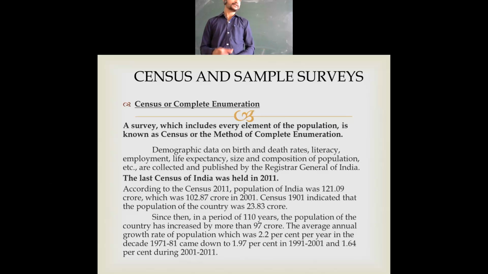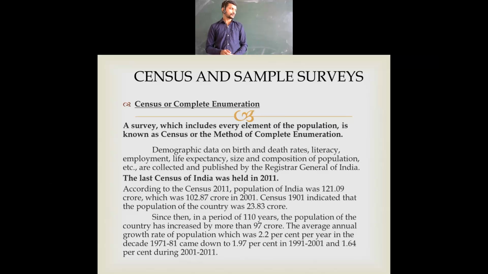In between, in a few of the decades, we saw a smaller percentage increase. Here we came across that the annual growth rate of population was 2.2 per year. In the decade 1971 to 81, it came down to 1.97.